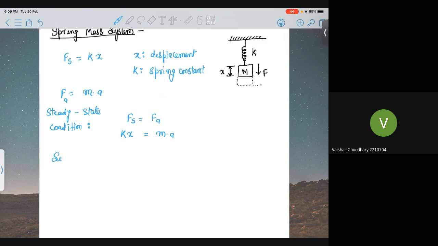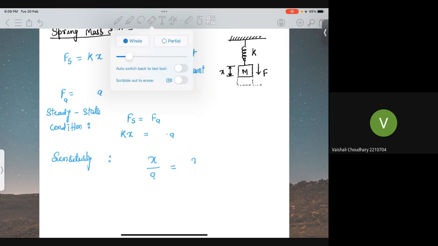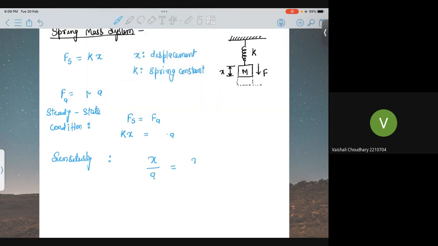So now if we want to calculate the sensitivity of this system, we can write it as x by a is nothing but, this is capital M, yes, this is capital M by K, where displacement x is a measure of acceleration.